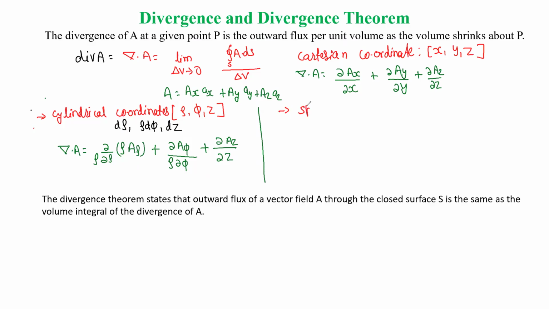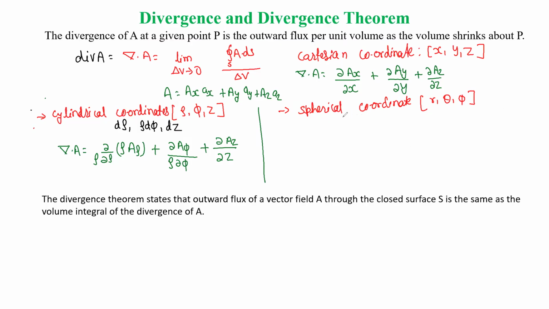The third one is the spherical coordinate system. In spherical coordinates, what are the variables we have? r, theta, and phi. And you are aware of the ranges: r goes from 0 to infinity, theta is 0 to pi, and phi is 0 to 2 pi.